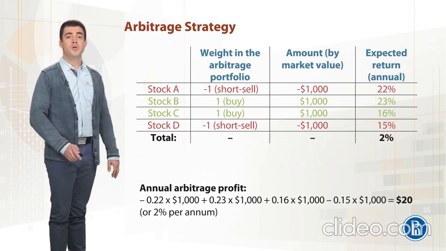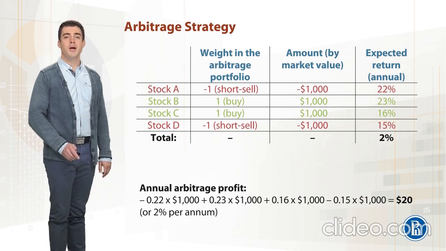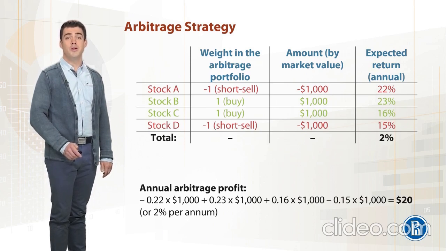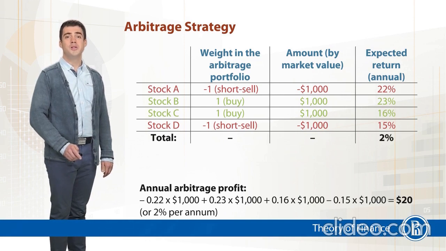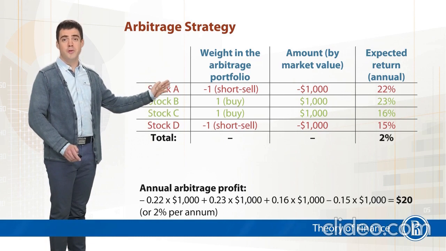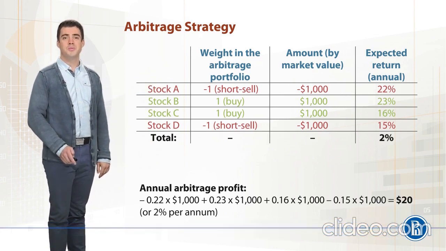As all those who trade in the market will start short selling stocks A and D and buying stocks B and C at the same time, the prices for stocks A and D will likely drop in value. At the same time, the prices for B and C will increase. And very soon, the opportunities of making risk-free arbitrage transactions without using your personal funds will disappear. So this is how the market works.